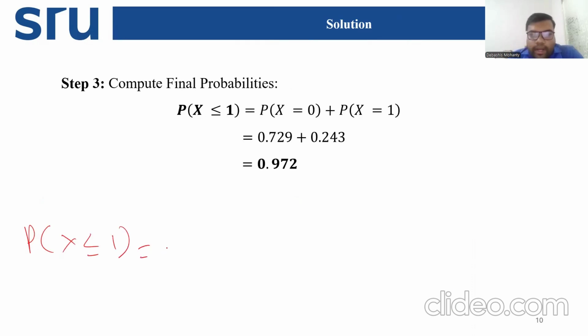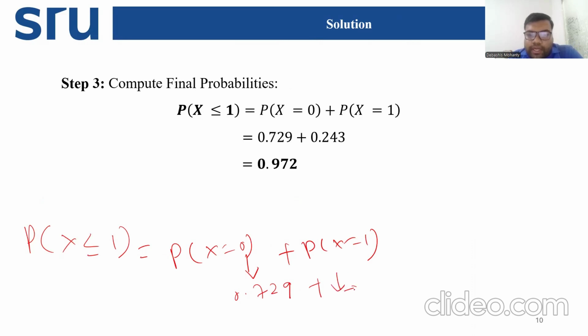Here we apply the formula: probability of x equals 0 plus probability of x equals 1. We already got the probability of x equals 0 as 0.729, plus the probability of x equals 1 as 0.243. So that gives 0.972, right? So this is the final answer.